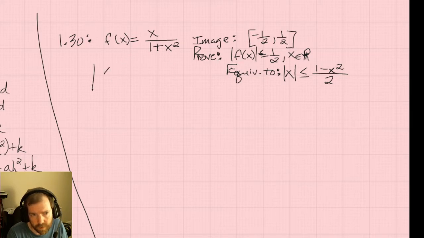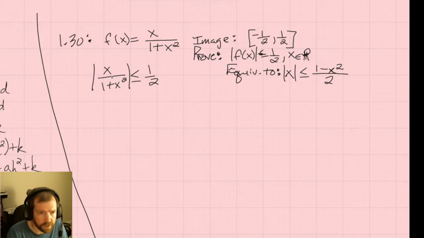So the absolute value of x over 1 plus x squared is less than or equal to 1/2, because here this is always going to be positive. It can be shifted out. This is the absolute value of x, multiplied by 1 over 1 plus x squared.